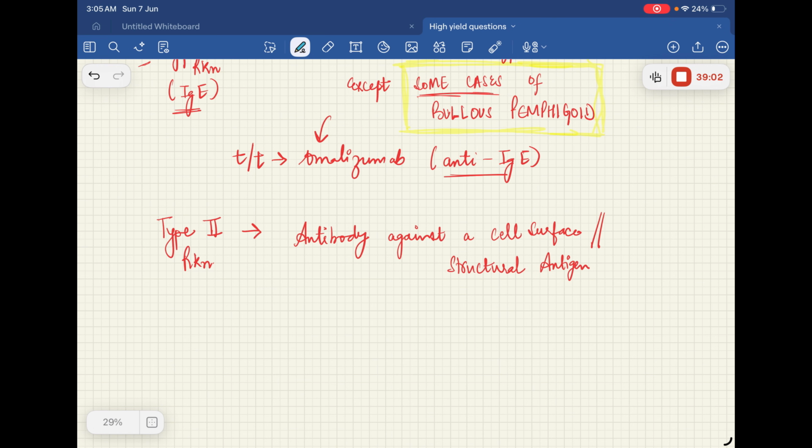So, antibody formation against a cell or an antigen.